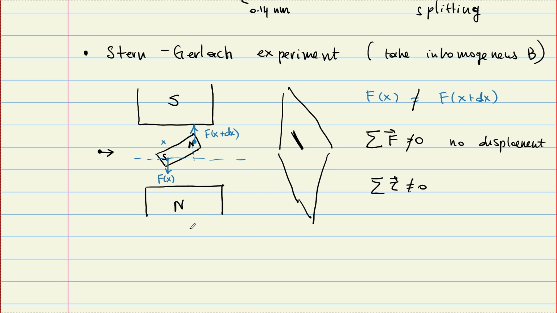And to determine how they are deflected, we consider U, which is minus mu dot B. And force, as you know, is minus gradient of U. So if this is my z direction, I am going to write, okay, this is mu z Bz, and I can forget about vectors, and maybe put the vector at the end.